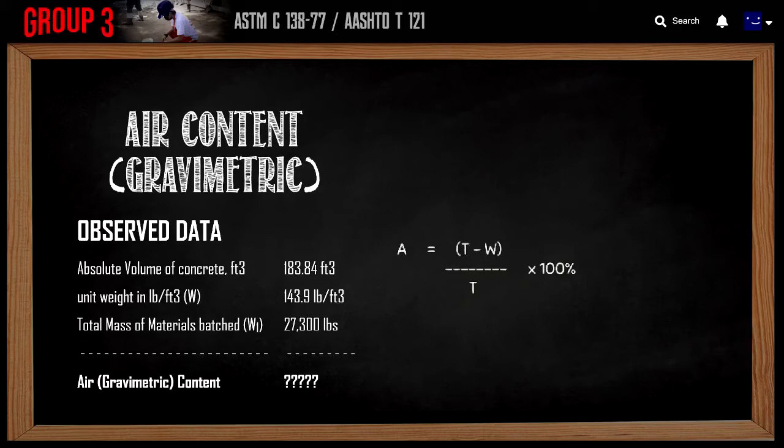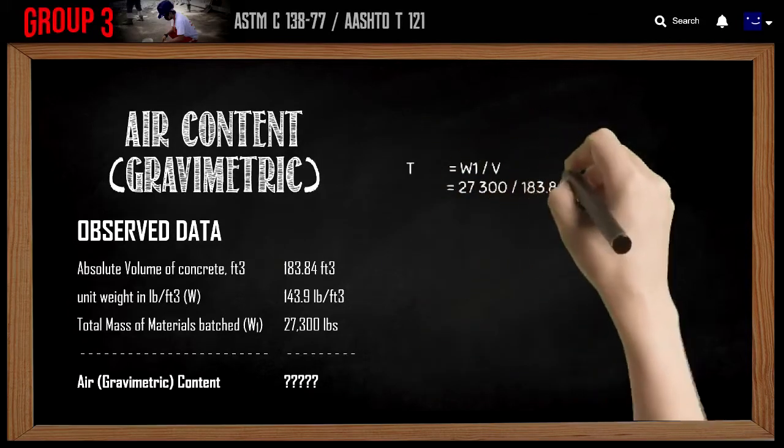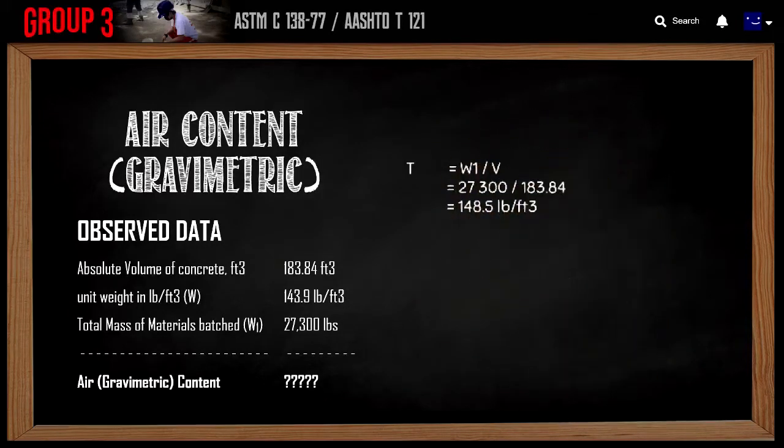The theoretical density is determined using the total mass of all materials batched, W1, divided by the absolute volume of concrete. Here we have 27,300 pounds divided by 183.84 cubic feet equals the theoretical weight of 148.5 pounds per cubic foot.